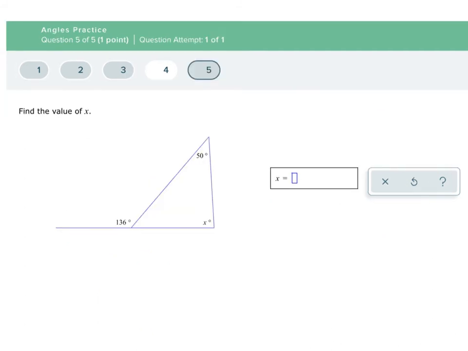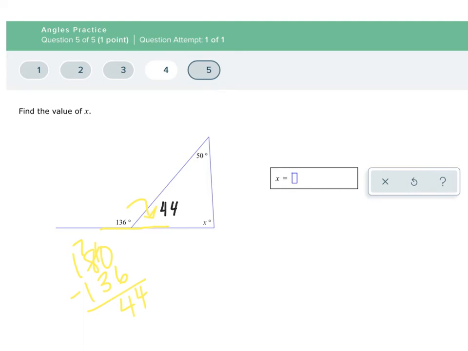Okay, then they might twist it up a little bit for you, make it a little more complicated. So this 136 is on the outside, or the exterior. So I would do 180 minus 136 because a straight line also is 180 degrees. So inside here is 44 degrees.